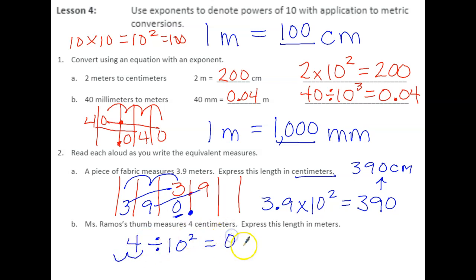It's going to be equal to 4 hundredths of a meter. All right. So we know we could have looked at that on the place value chart as well and said, well, we have 4 divided by 10, or decimal divided by 100, we get 4 hundredths.